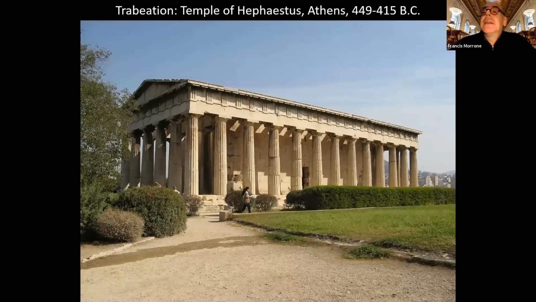But the temples with which we are most familiar, the temples, the ruins of which still exist, the temples that are the canonical works of Western architecture, are stone temples. And there was a certain point where the Greeks decided that the wooden temples wouldn't do.